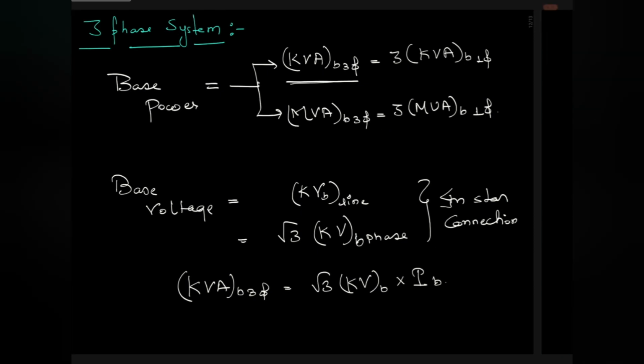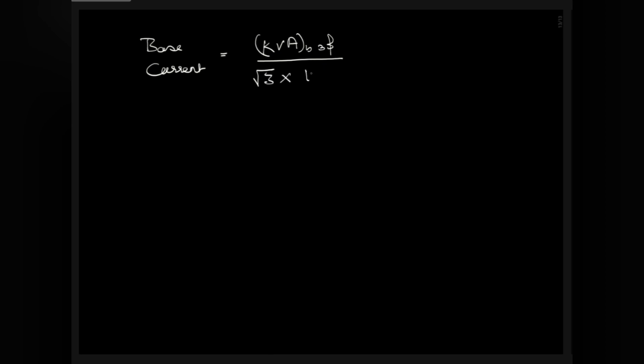Now to calculate base current, it will be kVA base for 3 phase divided by root 3 times of kV base, and this will be line voltage.